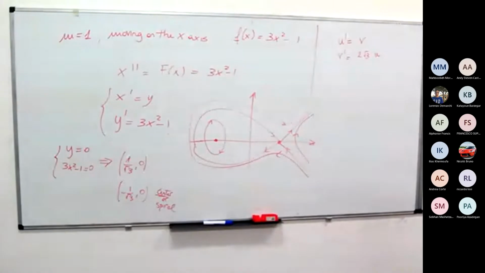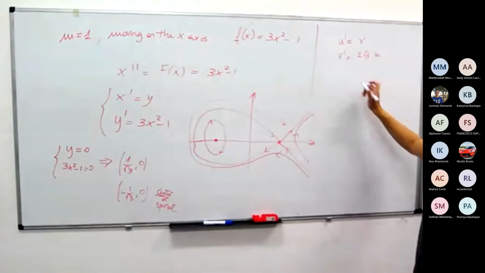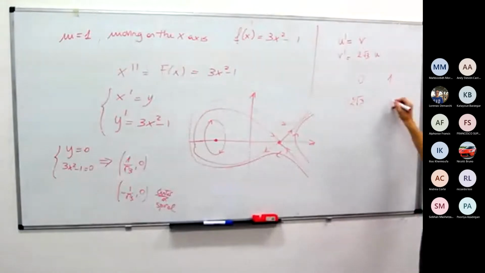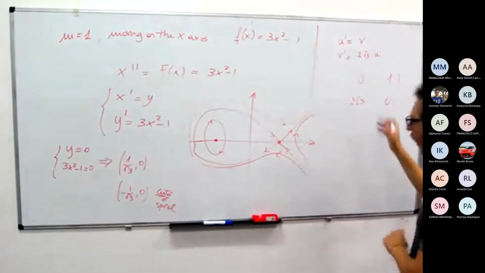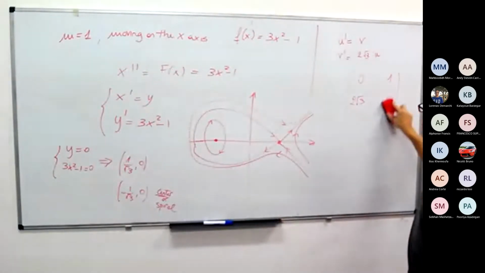Now, what is the Jacobian of the second transformation? The Jacobian is given by 0, 1, 2 square root of 3, 0. And what I have to do now is to calculate the eigenvalues of this matrix.